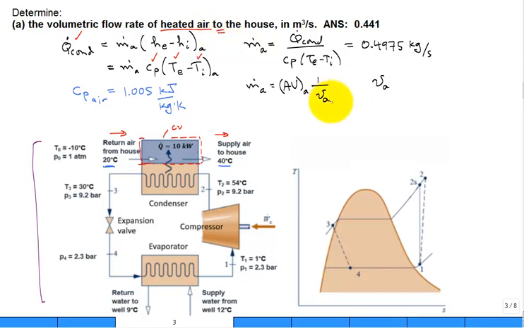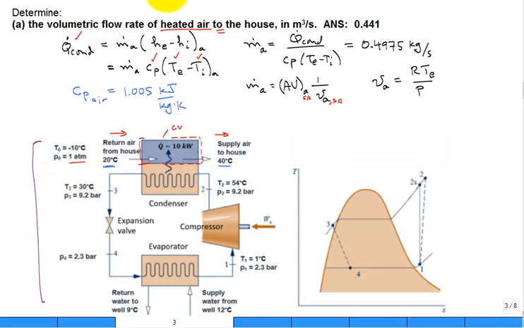It'll be slightly different than the volumetric flow rate of the return air, just because of the temperature and density difference. But we use the ideal gas equation, and we have that this is RT of the supply air that's exiting right there, divided by the pressure.